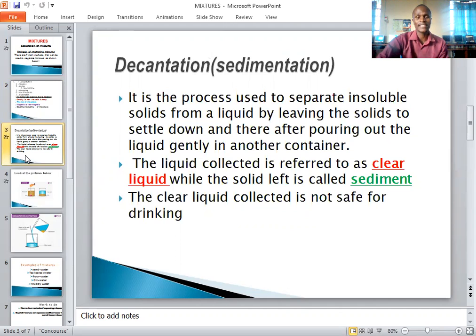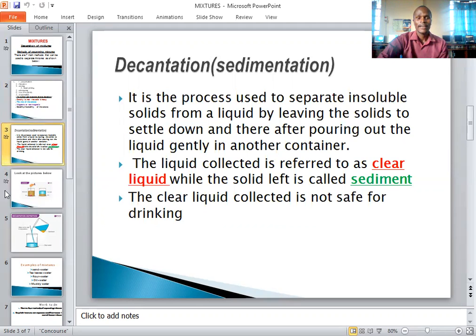We are going to look at that using the diagrams. Now, when you do decantation, you are going to be left with some solids in your container. Those solids left in the container are called sediments, while the clear water that you pour into another container is called clear liquid.